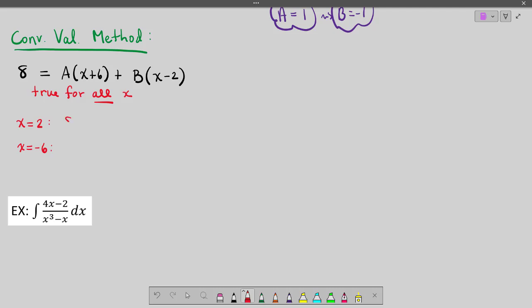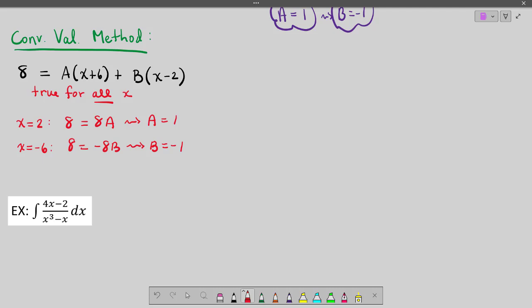If we plug in x equals 2 for all the x's that we see, we get the value for a instantly. If we plug in the value of -6 for all the x's that we see, we get b instantly. When we plug in -6, this term goes away. The first term goes away. When we plug in 2, the second term goes away.